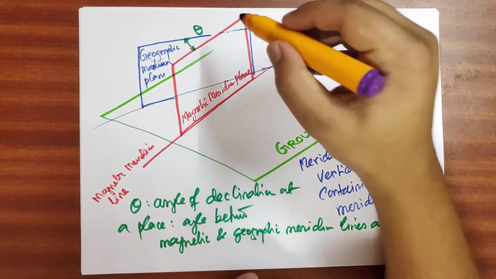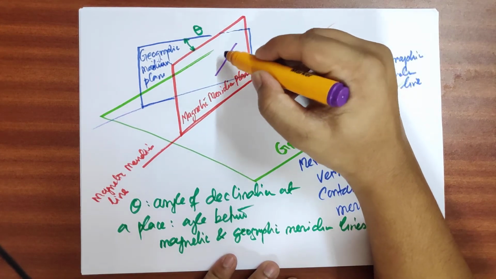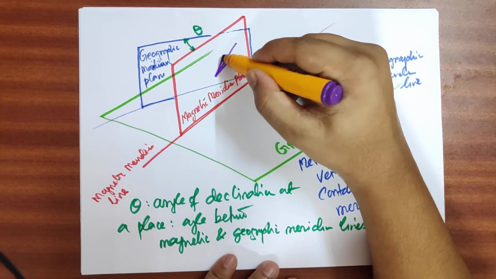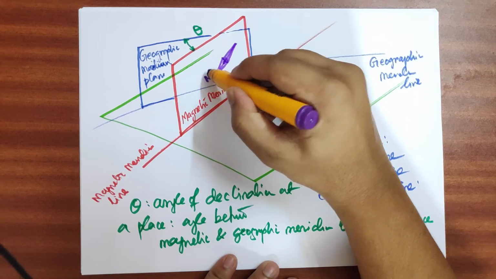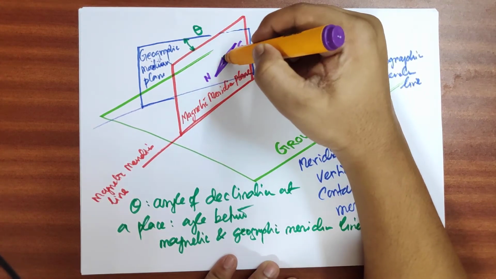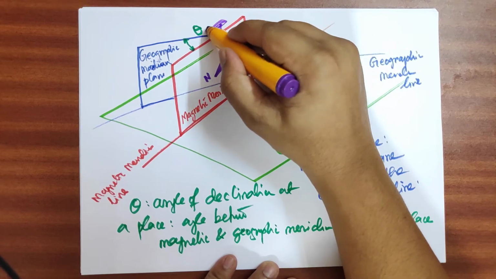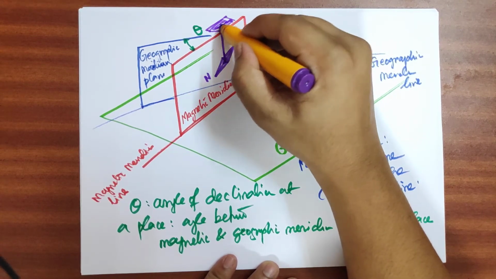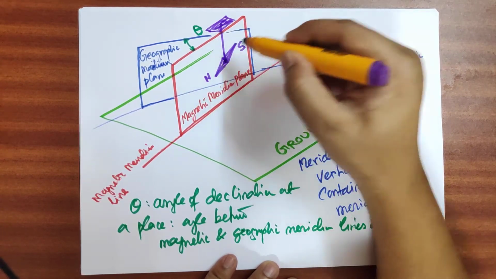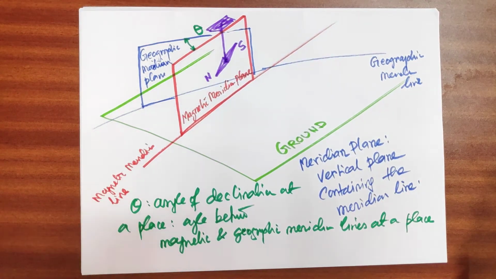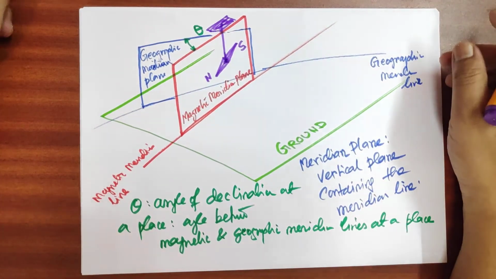However, the main thing is that the magnetic needle chooses to stay in the magnetic meridian plane when it is suspended from a point on the ceiling, provided it is suspended at the center of gravity, because then the torque due to weight will not act.